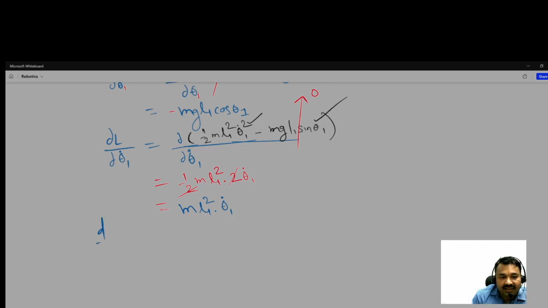That is d by dt of del L divided by del theta 1 dot. Here we are differentiating this with respect to time.